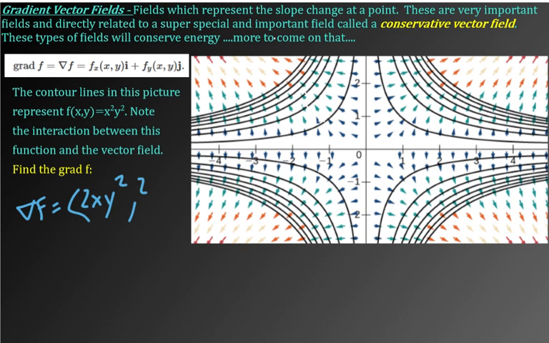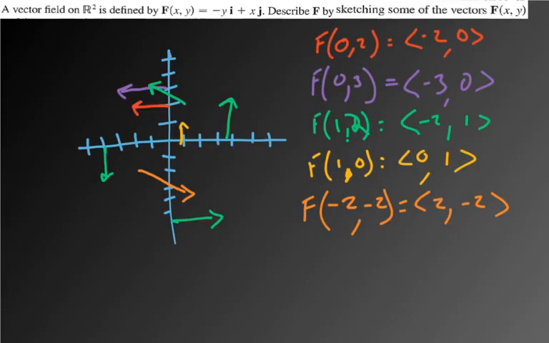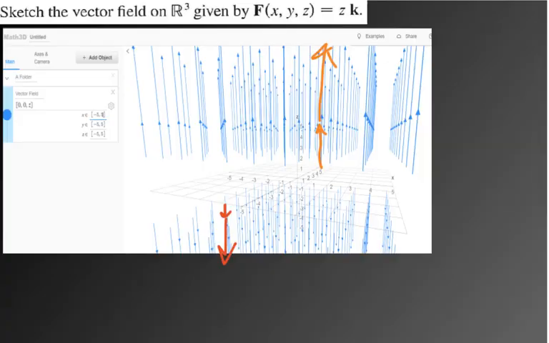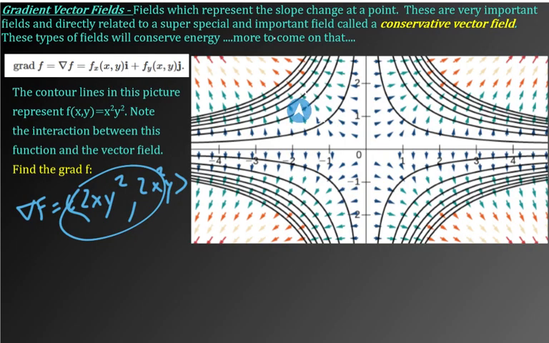So we get 2x squared y. And so the vector field is basically the map of this gradient vector at every given point. Those are your two scalars that are acting the way that I used them here. Here they were just minus y and x. But if you went through this and literally mapped out vectors based on that, you would be able to see this vector field.